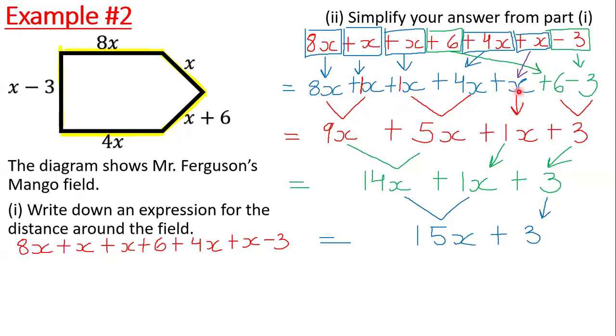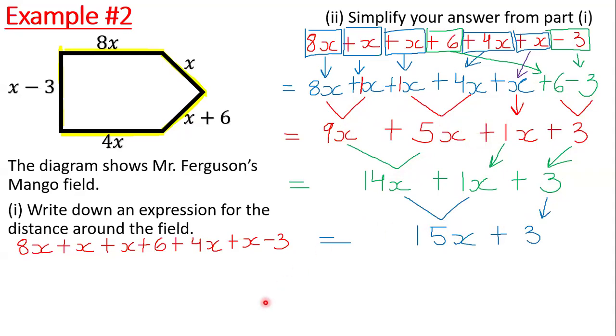And we cannot forget this 1x right there. So now we have 9x plus 5x, which is 14x. We bring down the 1x. We say 14x plus 1x is 15x. And so that's where we have 15x plus 3. We got the plus 3 because 6 minus 3 is 3. And so that's how we got our answer here.